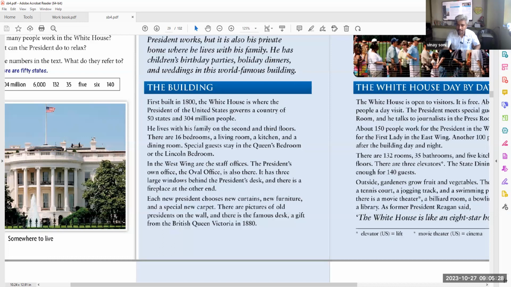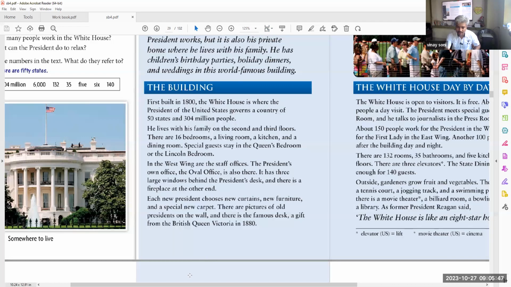How many states are there in India? In India, we have 28 now. How many states do we have in India?